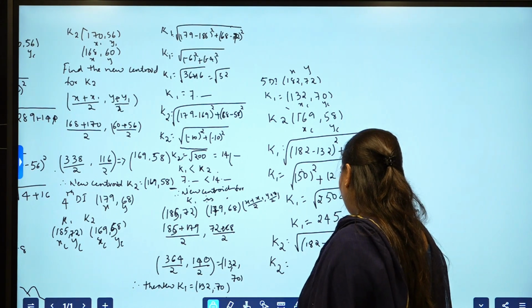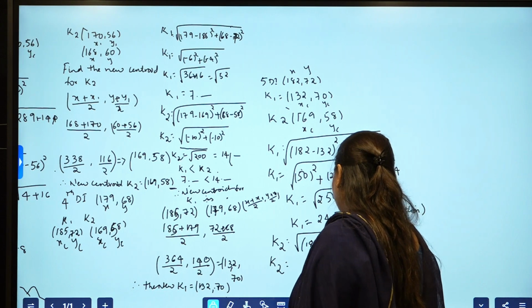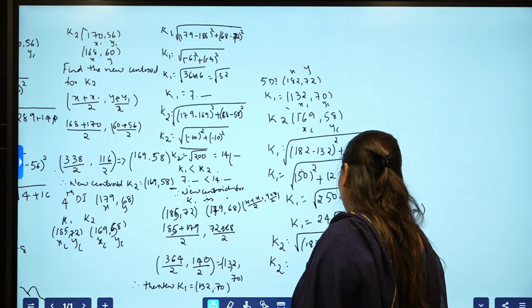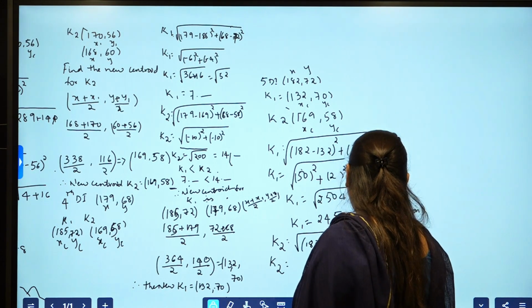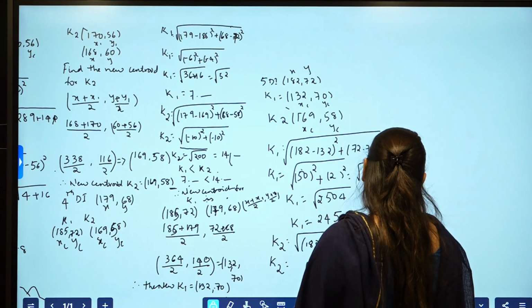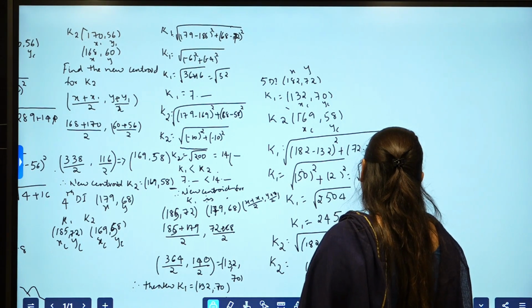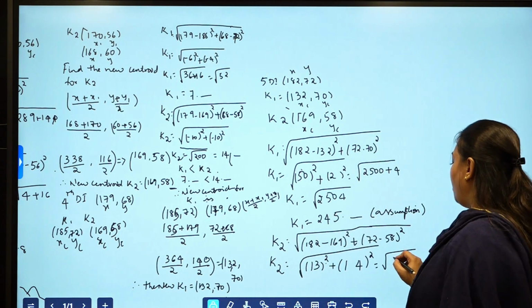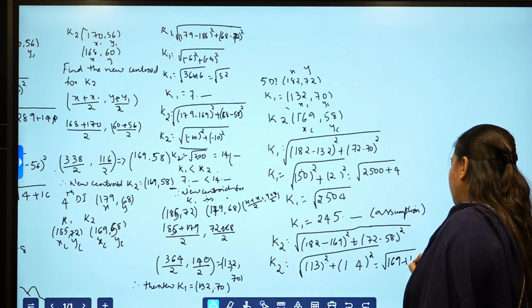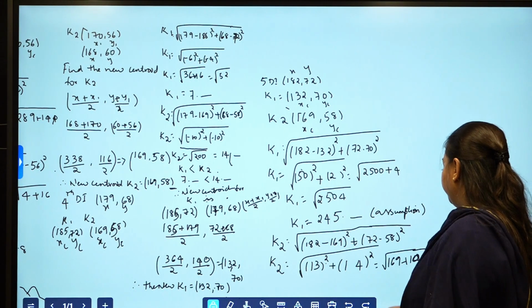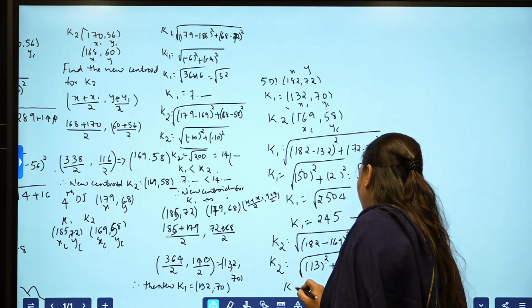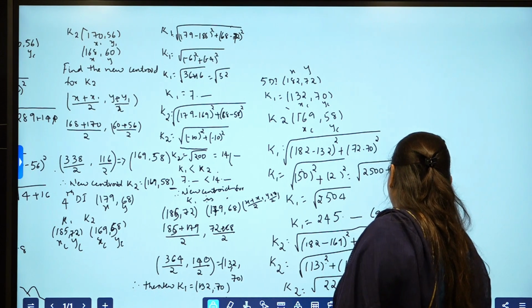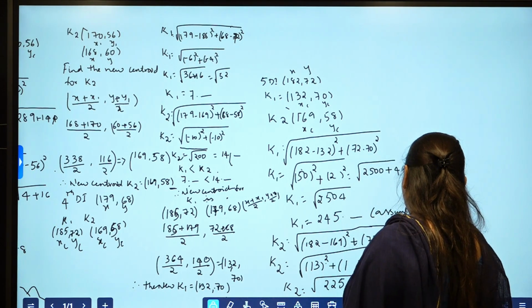K2 is 169 minus 182, this is 13, so 13 square, plus 58 minus 72, it's 14. So now you have got 13 13s are 169 plus 196. Now what is the value? K2 is equal to root of 225. Yes?